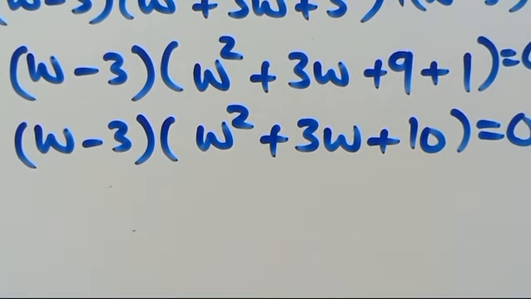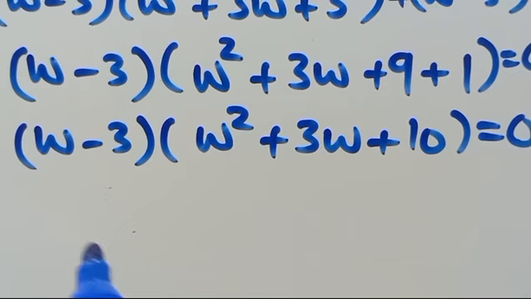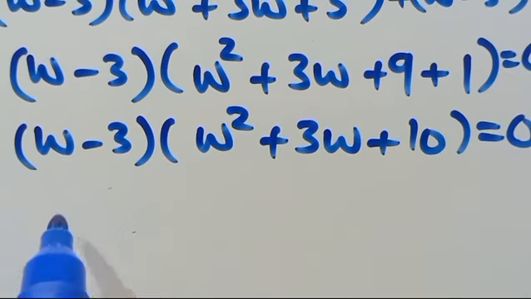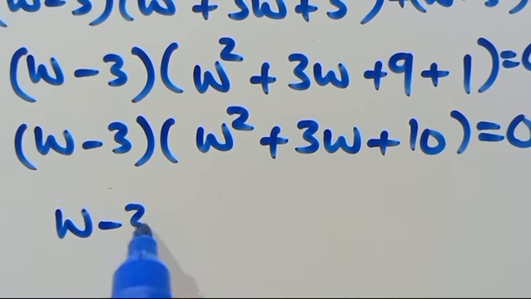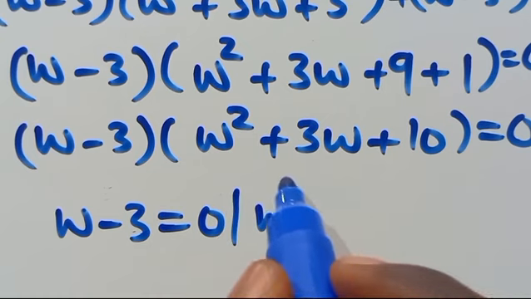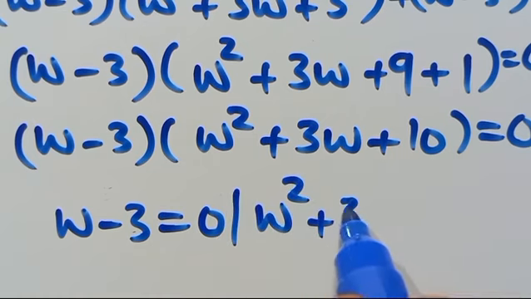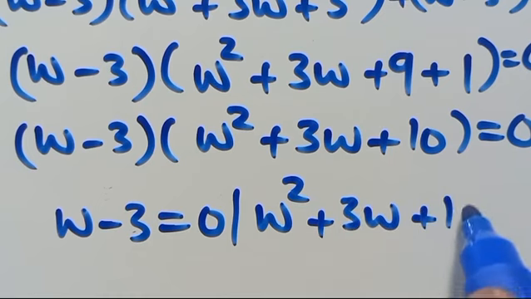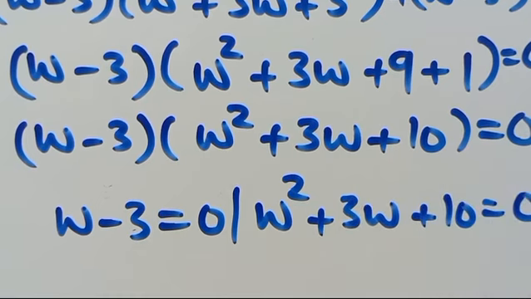So either W minus 3 equals 0, or W square plus 3W plus 10 equals 0.